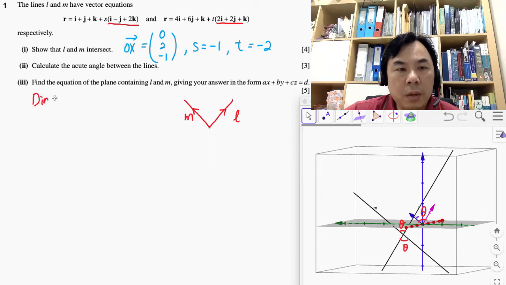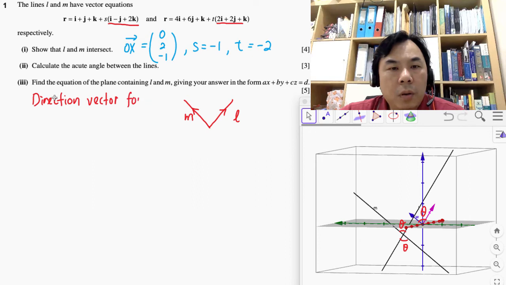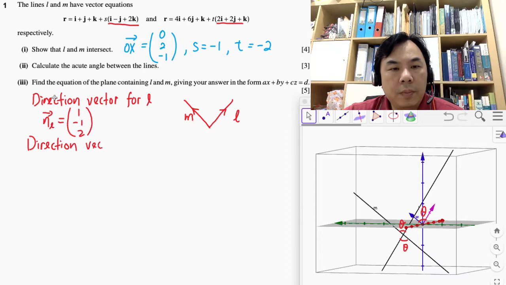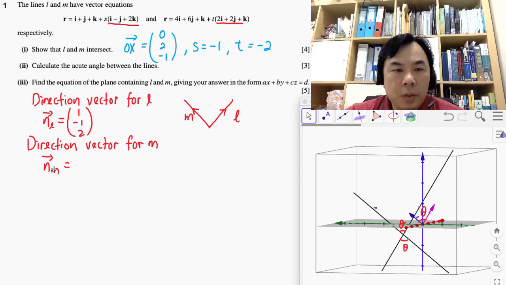I'm going to make a remark here. The direction vector for L is given by 1, -1, 2, whereas the direction vector for M is given as this component here, which is 2, 2, 1.